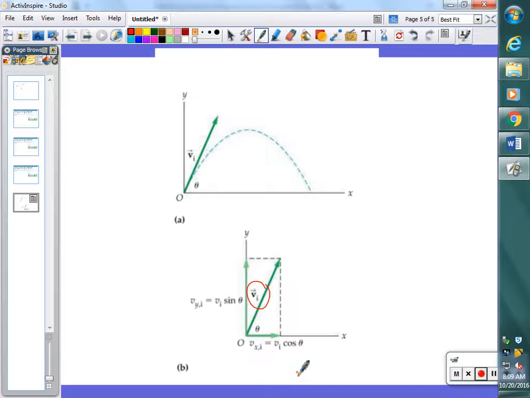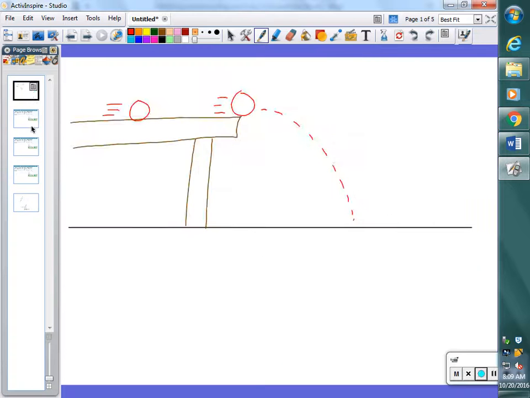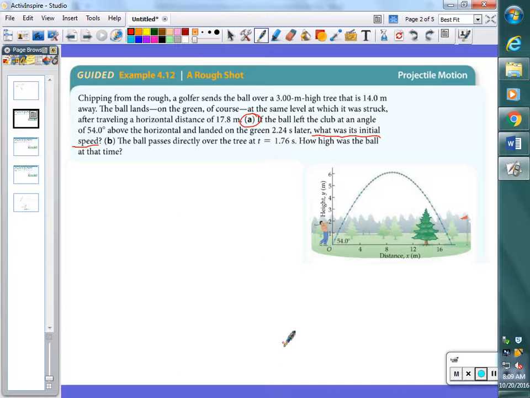So, getting back to the question at hand. When it says, what is the initial speed, it wants us to find what that velocity was right at the very, very beginning of the ball's flight.